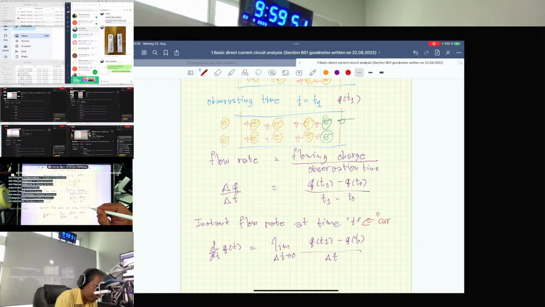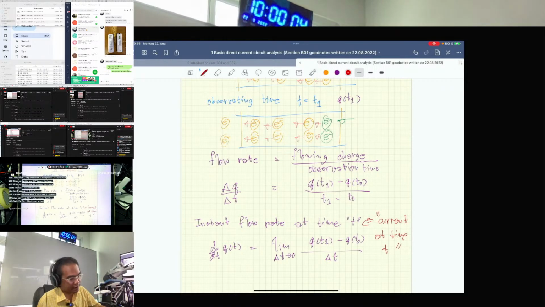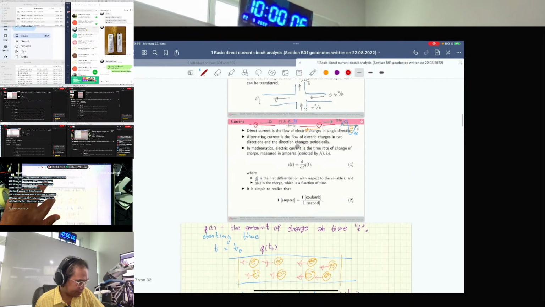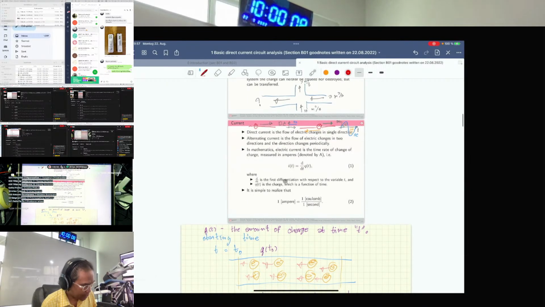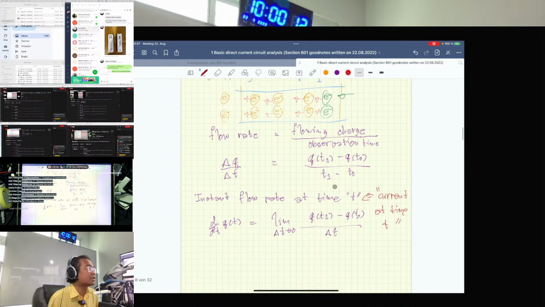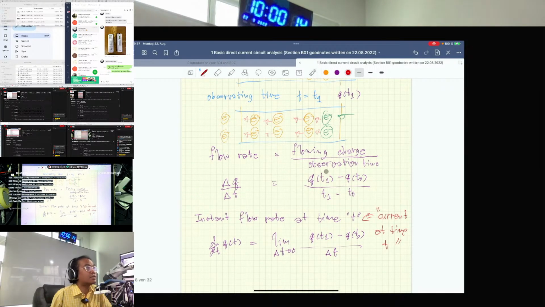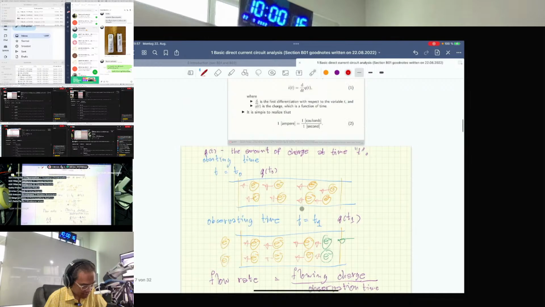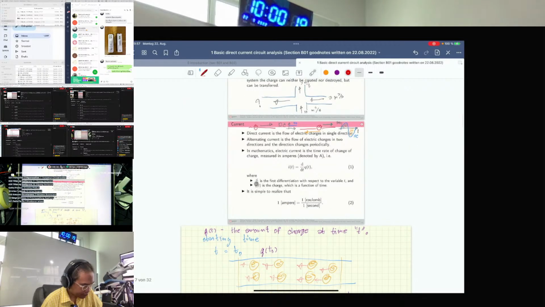This is called current. Okay, current at time t. That's the meaning of this expression, dq by dt: it's the current at time t, or instant current at time t. All right, I hope you understand that. d by dt is the first differentiation.